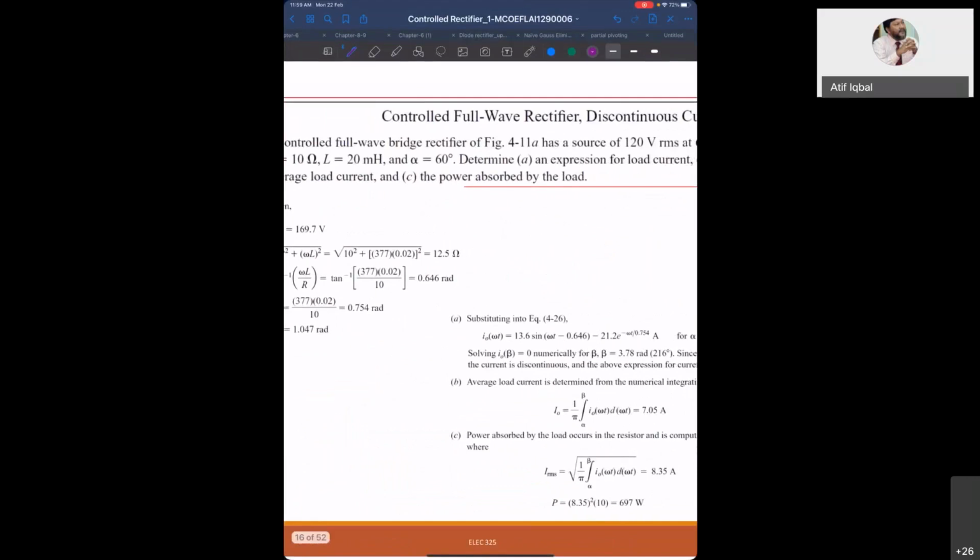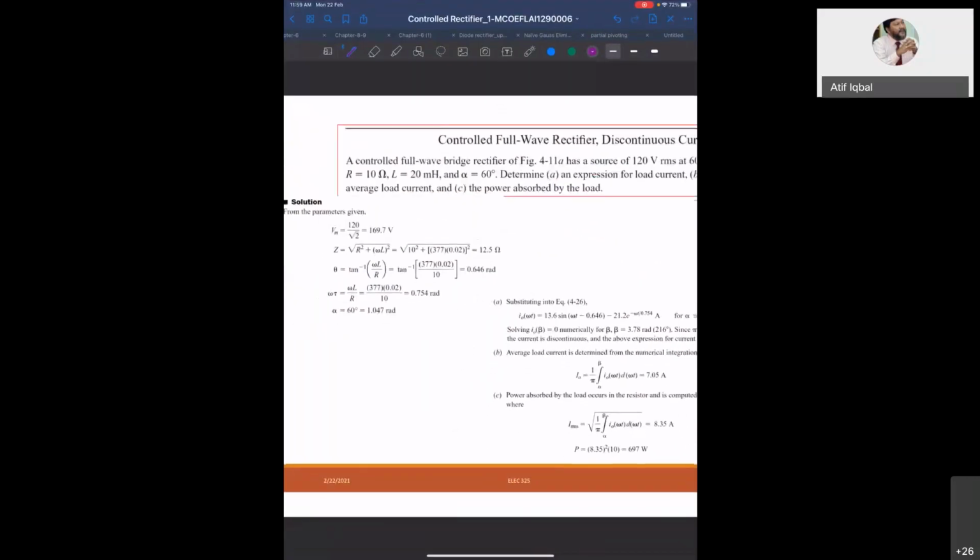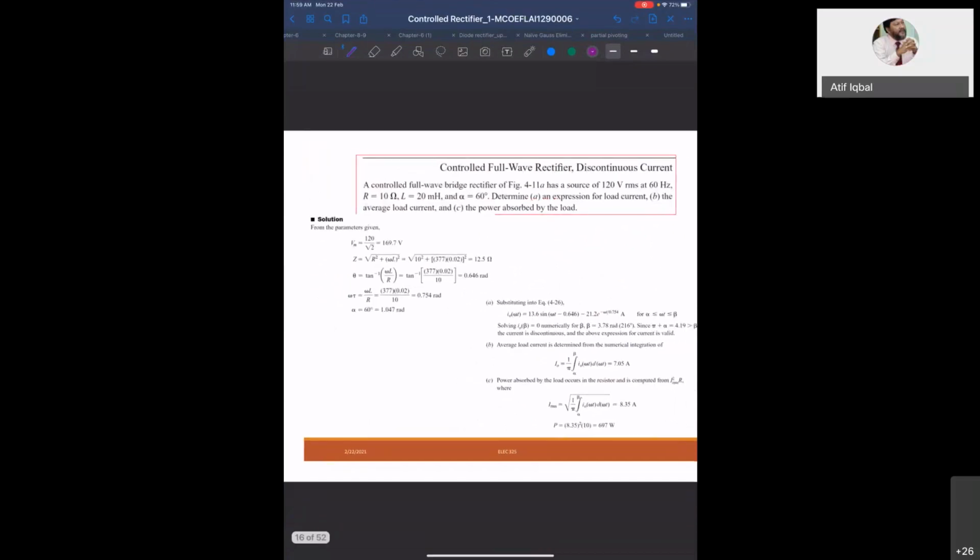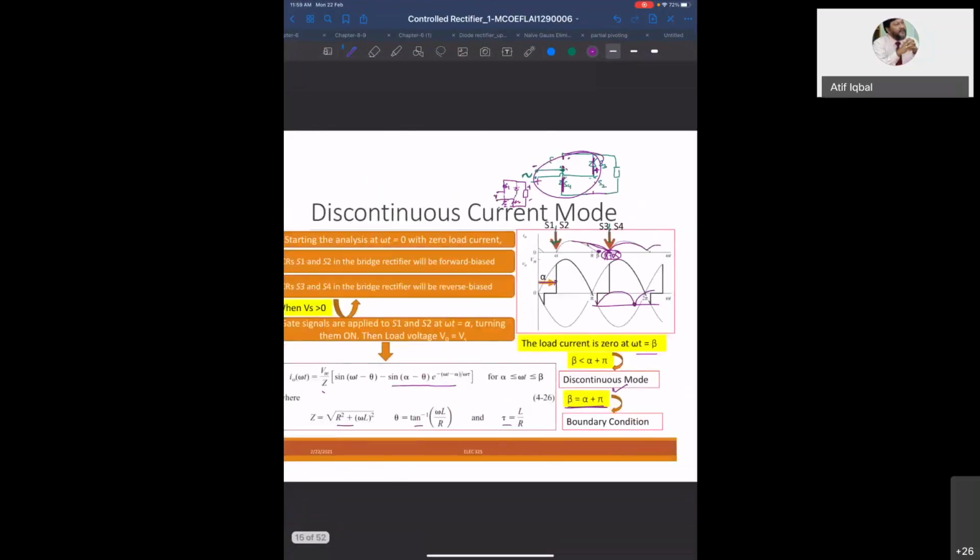Now, let us solve this problem. Doctor, could you please go back to the previous slide? Is this waveform not from the initial situation?